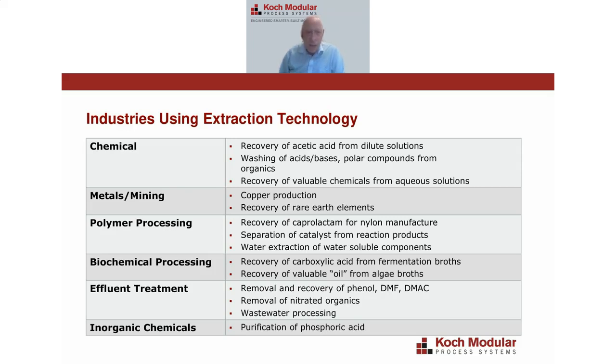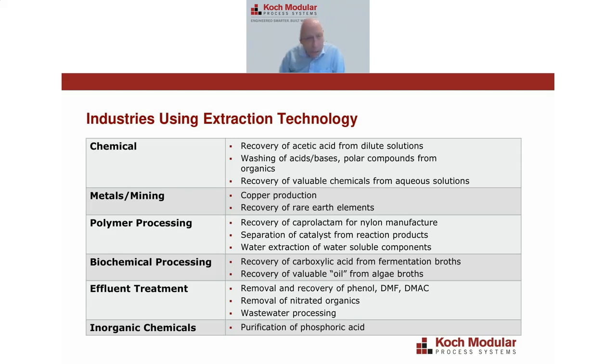Polymer processing uses liquid extraction quite often. If anybody knows anything about caprolactam processing, there are three extraction columns in every caprolactam plant for purification of caprolactam. And again, some things like separation of catalysts or extraction of water soluble components. Biochemical processing: in the last 15 years or so, there's been a huge increase in the number of biochemical processes we've looked at.